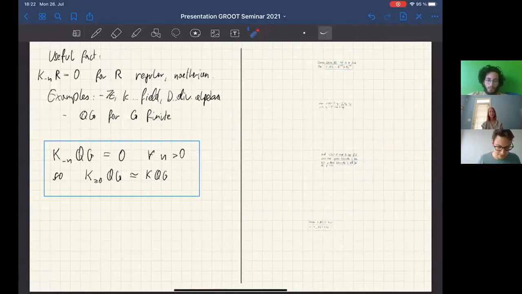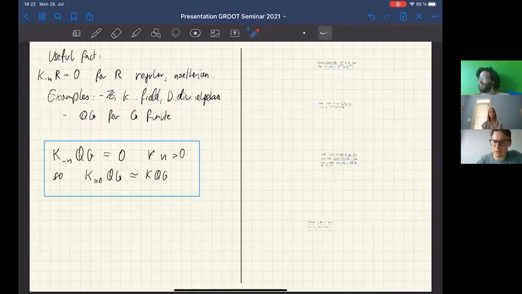There are some nice properties of rings that let you forget all this negative stuff, and this is for rings being regular Noetherian. This is, for example, the case for the integers, for a field, or for a division algebra. And it's also true for the group algebra over the rationals.